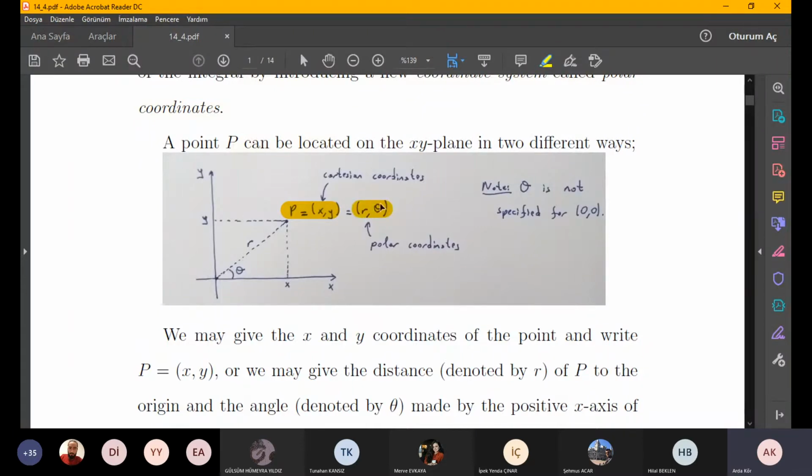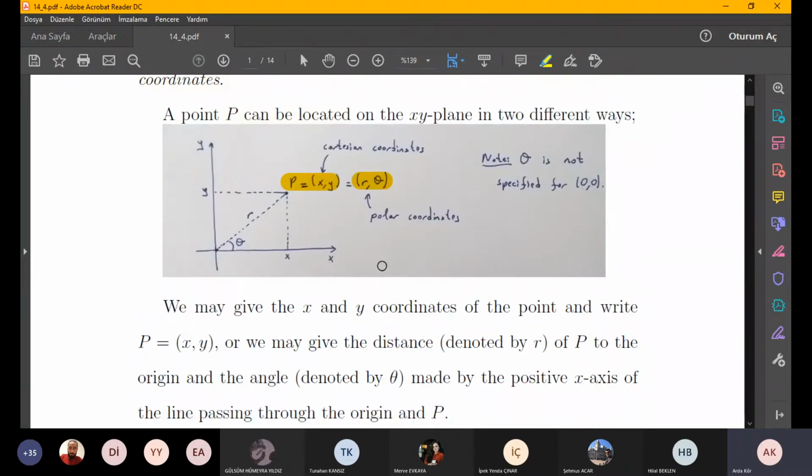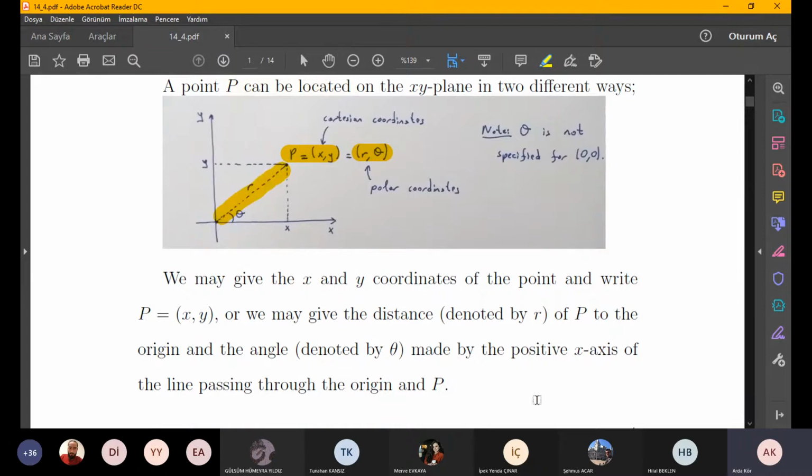R is the distance between point P and the origin, and theta is the angle made by the positive x-axis and the line passing through the origin.